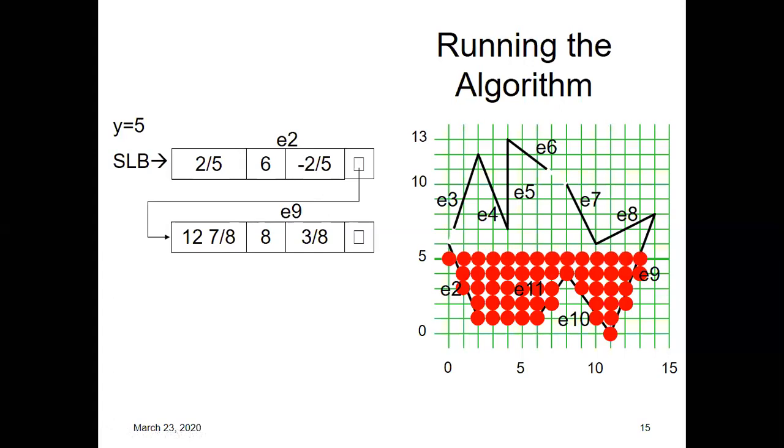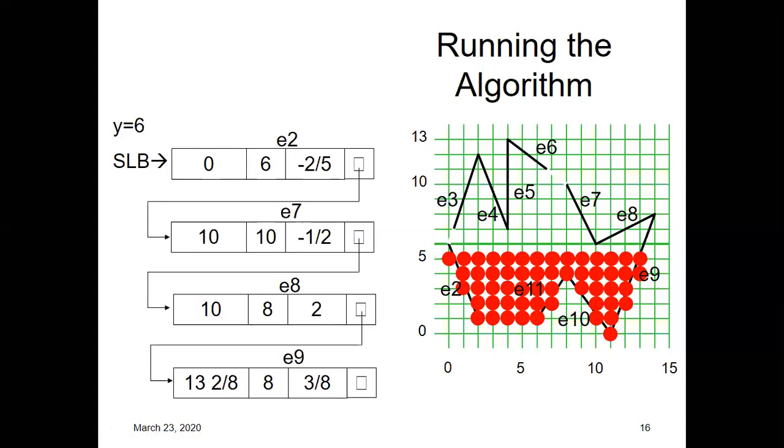So IF is over. Now comes the mathematics. Mathematics says 2 by 5 plus or minus 2 by 5. It becomes 0. 12 7 by 8 plus 3 by 8 becomes 13 2 by 8. So IFM, mathematics is over. Next is increment. y is equal to 6.